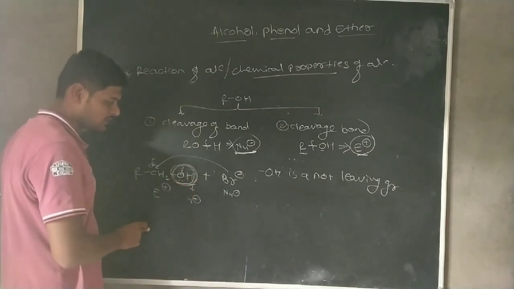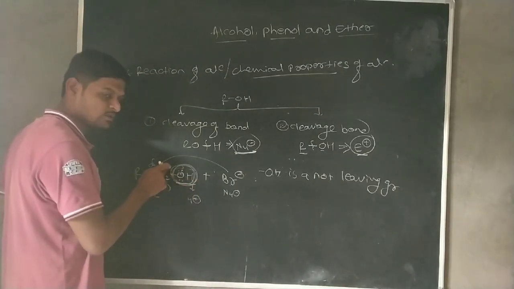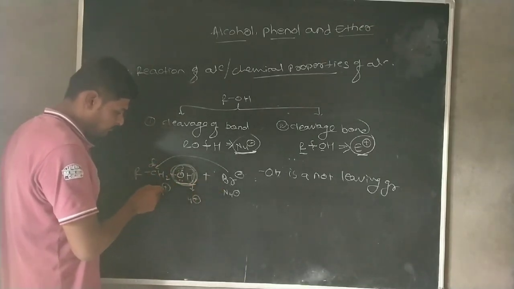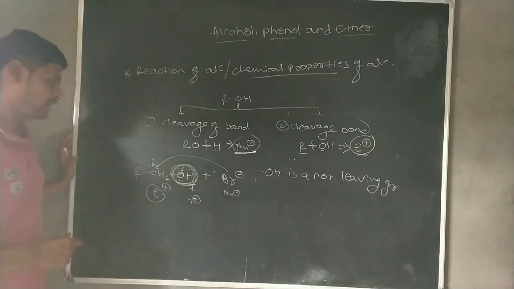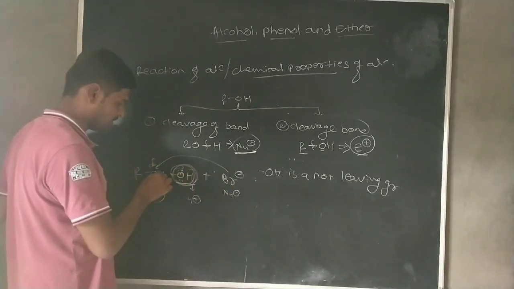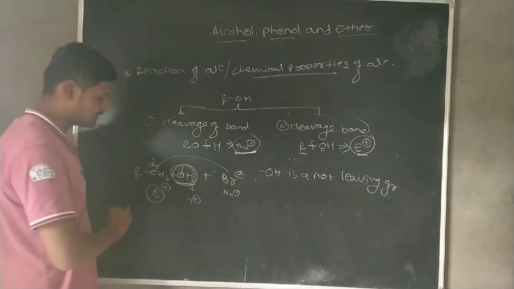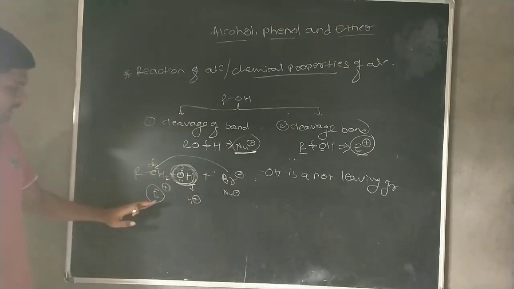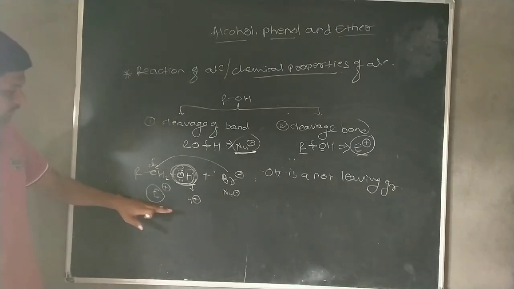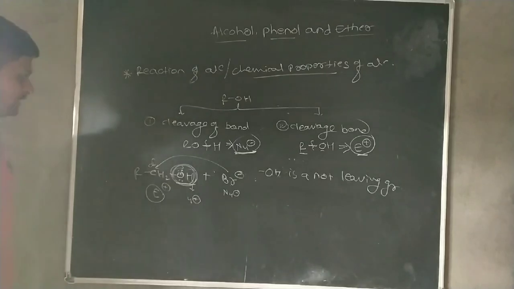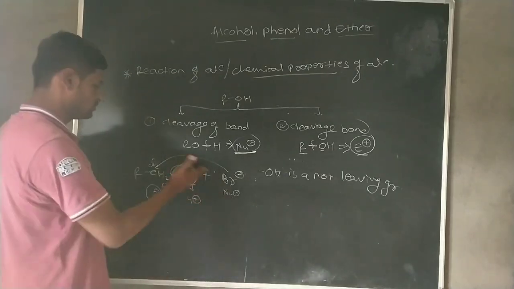Therefore, for preparation of the electrophile, direct attack of the nucleophile on the carbon atom which is present in an alcohol is not possible. That is, the electrophile of alcohol is not generated directly by the attack of a nucleophile.